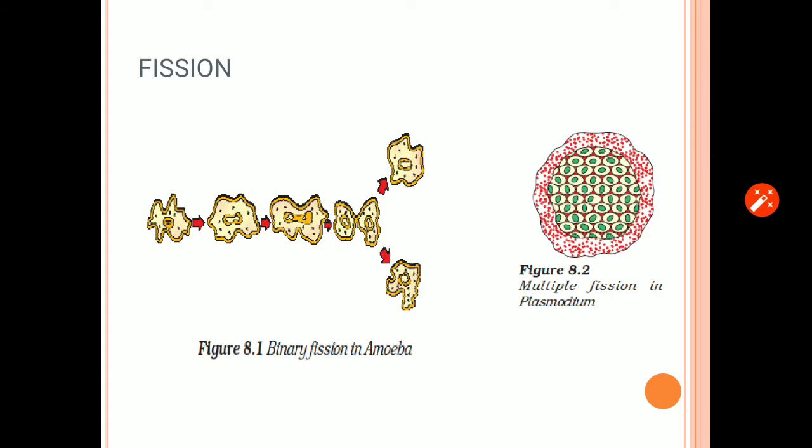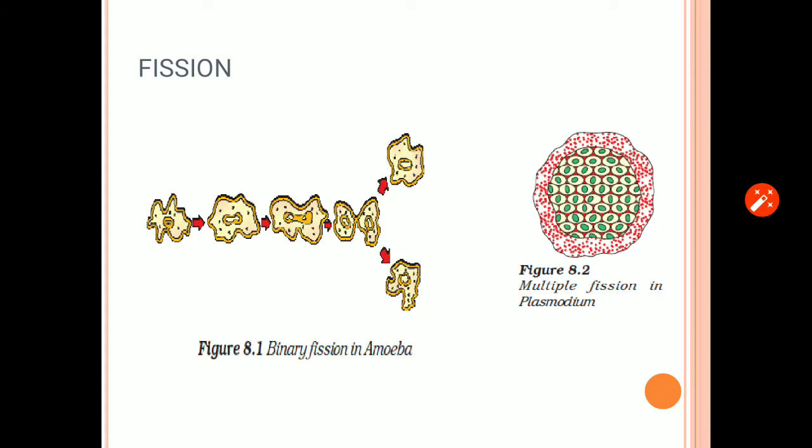Bi means two. That means in binary fission, one parental cell divides to form two daughter cells. As you are able to see in the given image, there is one parental amoeba and the parental cell constricts in between, and the constriction deepens, which divides the parental cell into two.